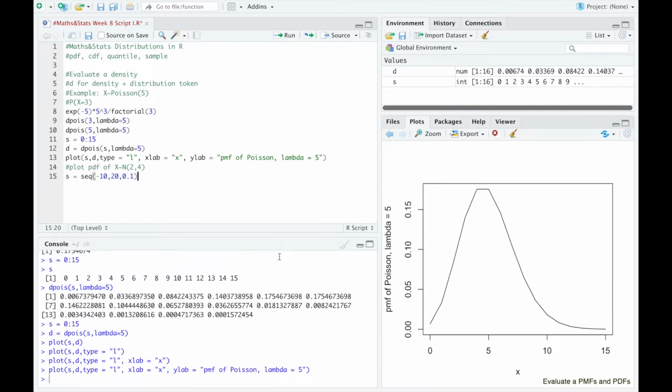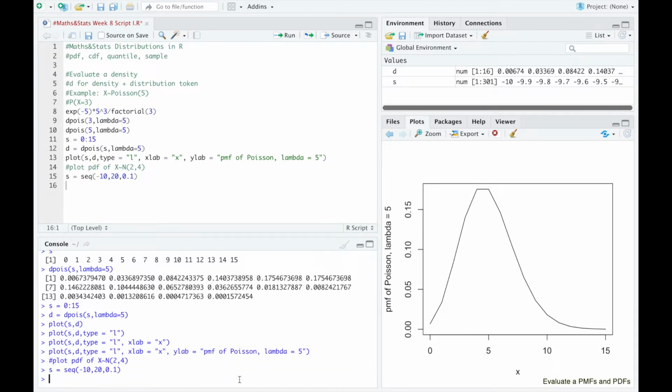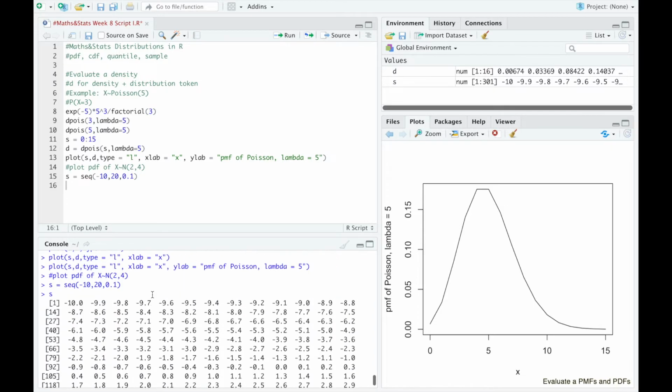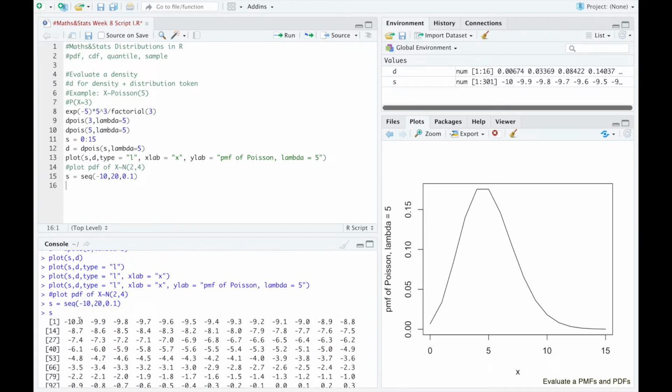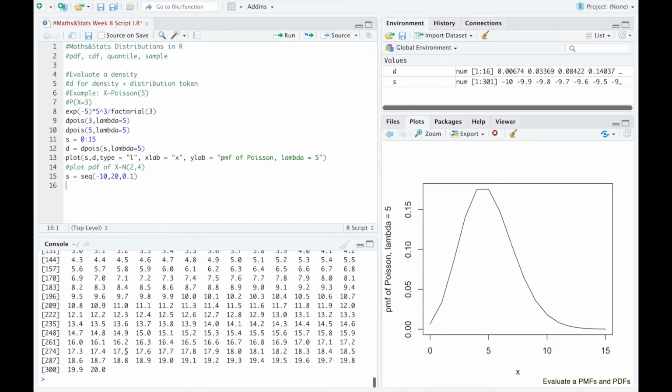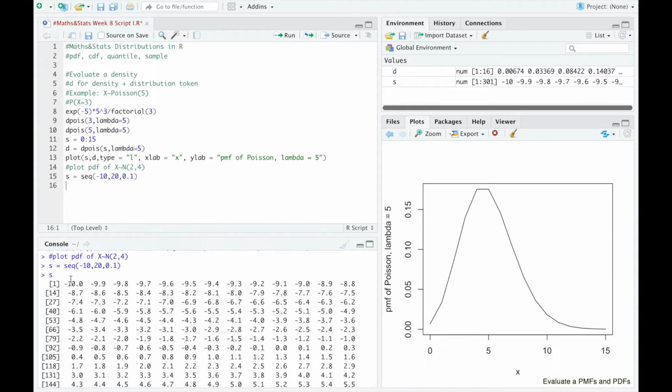Okay, so now S has become this vector, you see? So there are all the numbers from -10 to 20 with increments of 0.1. The function to evaluate the density will be d for density plus distribution token.